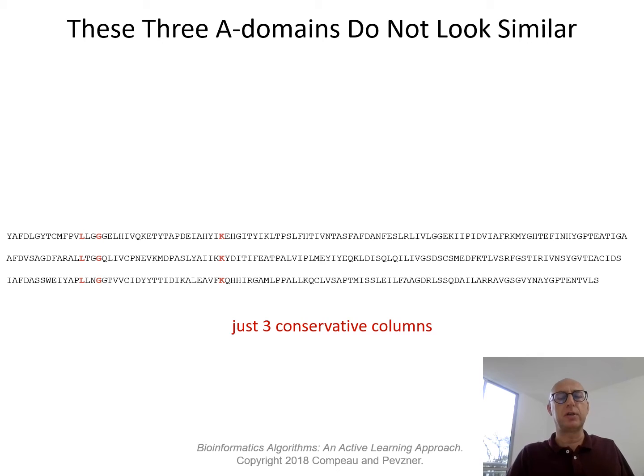The first position in the first line is Y. The first position in the second line is A. And the first position in the last line is I. In this column, I have L, L, and L. In this column, I have K, K, and K. In this column, I have G, G, and G. So out of this considerable number of letters, I have only 3 columns containing the same character.